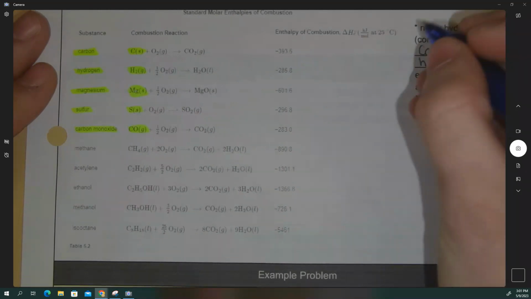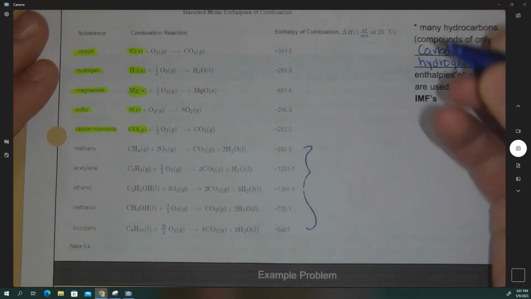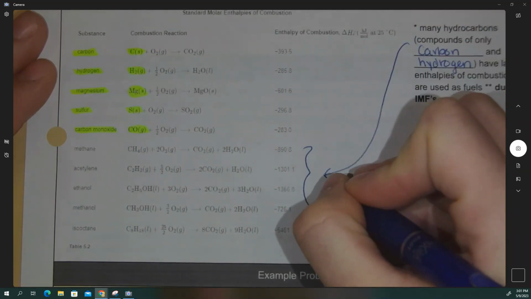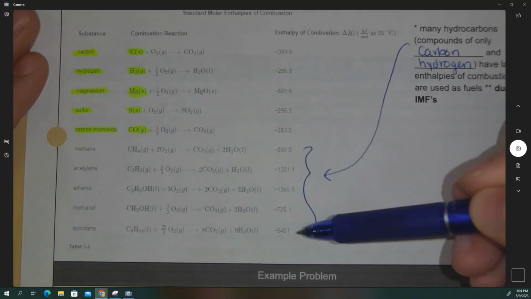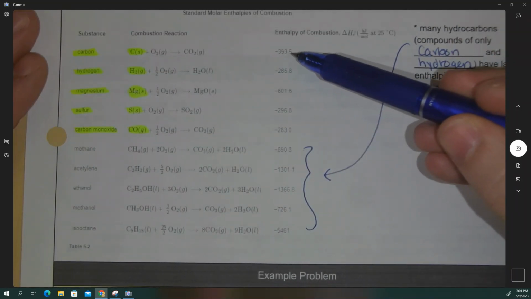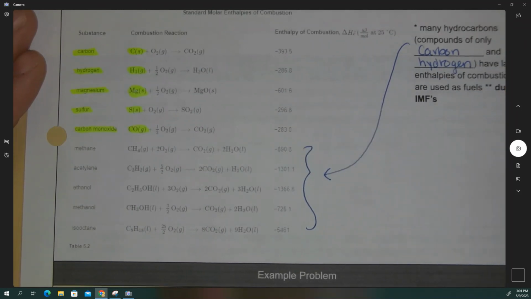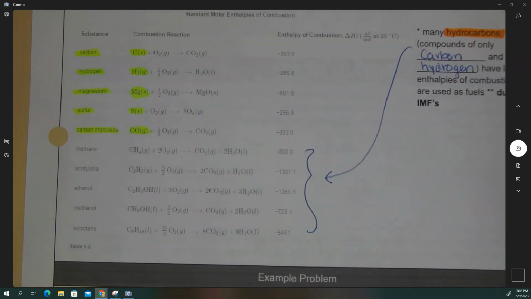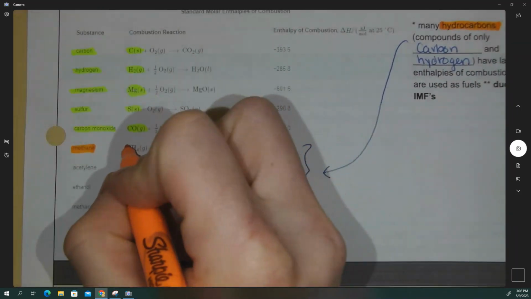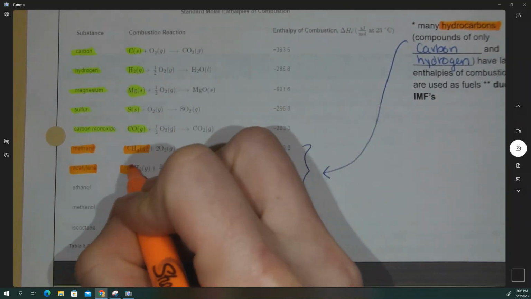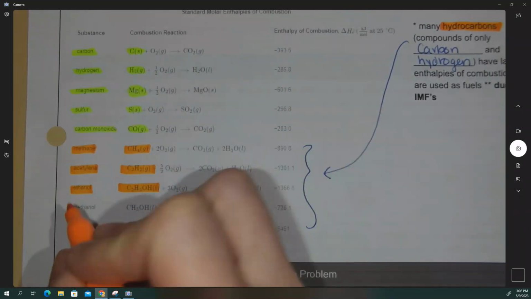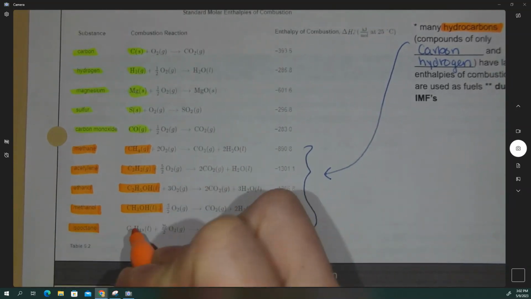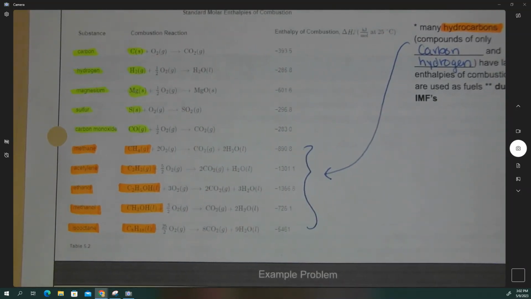You can see that the numbers increase greatly. Up here we've got like negative 393.5. Down here we've got negative 890. So down towards the bottom, that's going to be our hydrocarbon compounds, stuff like methane, acetylene, ethanol, methanol, and isooctane. Those would all be different hydrocarbon-based fuels.